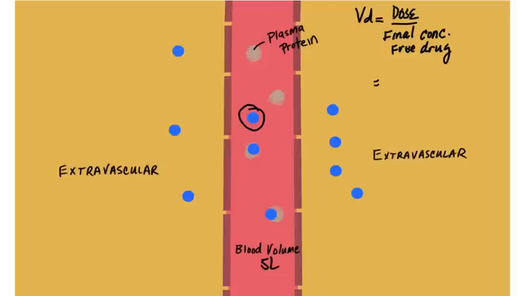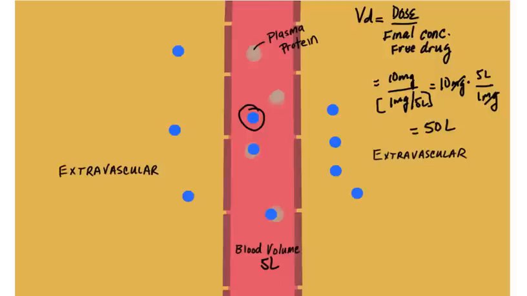So let's do that math. We have 10 milligrams divided by 1 milligram in 5 liters. Now we can rewrite this whole function as 10 milligrams times 5 liters over 1 milligram. These cancel out, and our volume of distribution, therefore, is 50 liters.